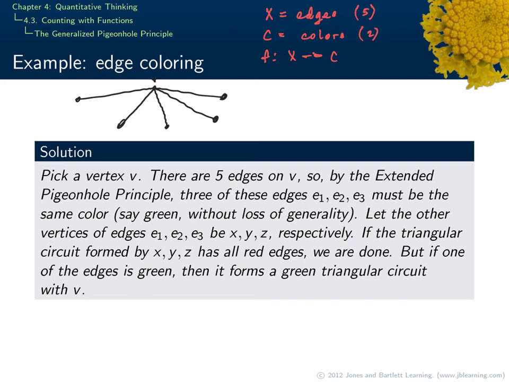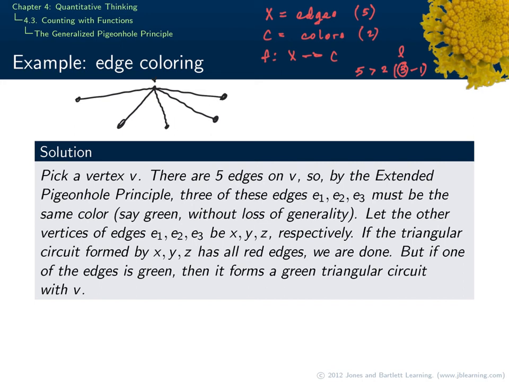So the inequality in the generalized pigeonhole principle would give something like this. So 5 is bigger than or equal to 2, which is the size of C, times 3 minus 1, right? That's certainly true. If we take that 3 and replace it with 4, it's no longer true. That inequality does not hold. So what this tells us is that there are 3 edges, that's our value of L in the generalized pigeonhole principle. So there are 3 edges that must have the same color, and we're going to say that they're green.